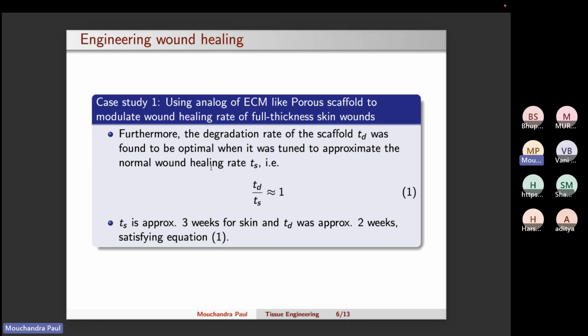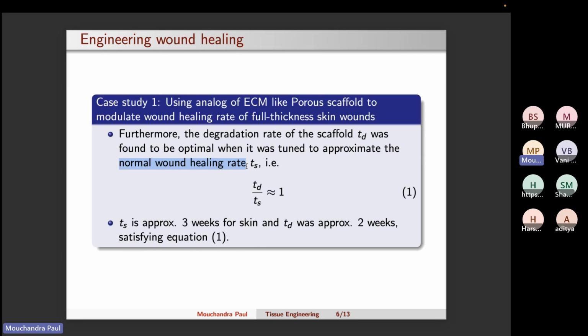Now, they saw how the degradation rate of the scaffold is important in this. They saw that the degradation rate of the scaffold should be tuned in such a way that it is approximately equal to the normal time taken for the wound healing to complete.